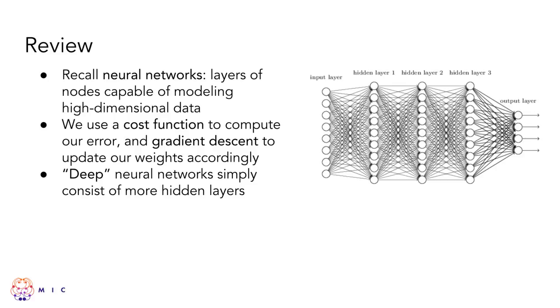You have a data set of anywhere from tens of thousands to millions of examples, which you propagate forward through your network. You compute the cost, the error, and then you back propagate through your network and update your weights accordingly. And by the end of training, you hope to end up with a model that has, quote unquote, learned this data, that can map an input to the correct output.